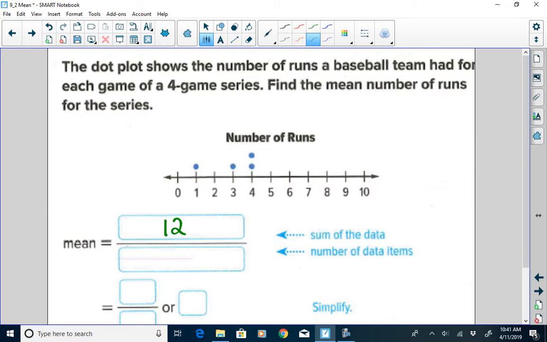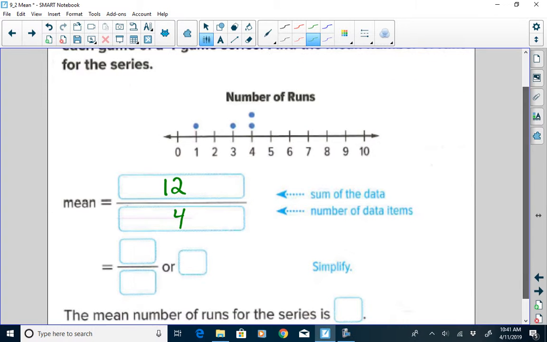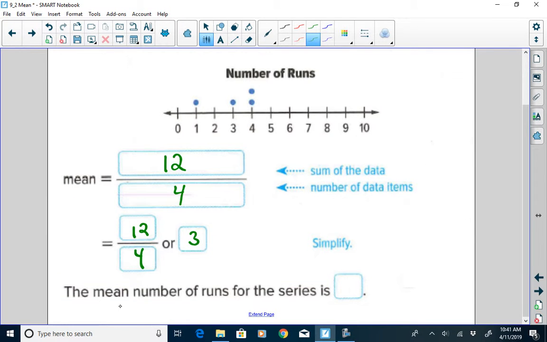So we have a total of 12 runs for the sum of the data. There's 4 data items, so the mean is going to be 12 divided by 4, which would be a mean of 3. So the mean number of runs for the series would be 3 runs a game.